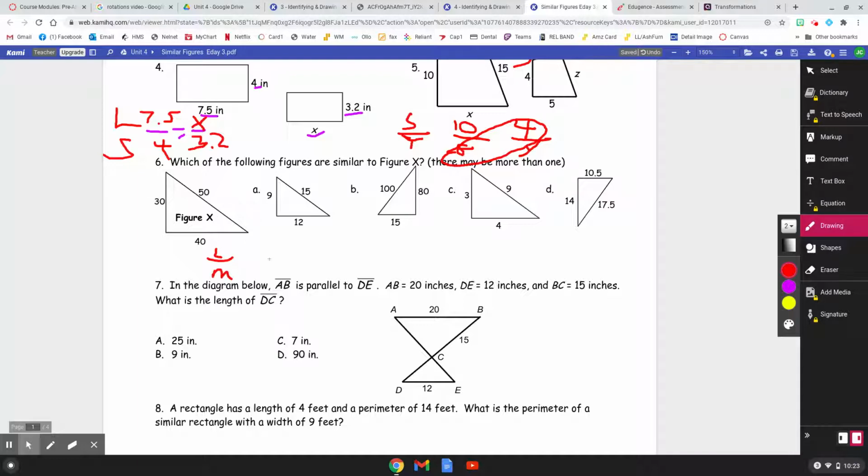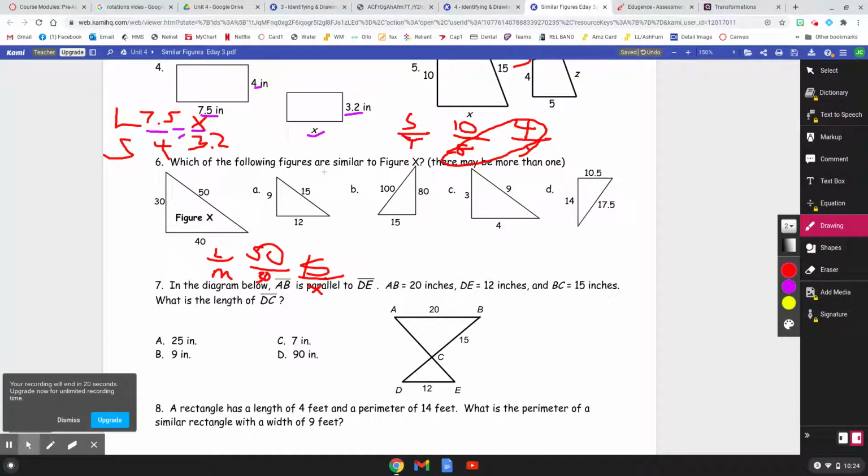The long one would be 50 over 30. Then check another one. Pick the middle one here. So long would be 15 over x, and see if it comes out to 9. Then just work your way through.